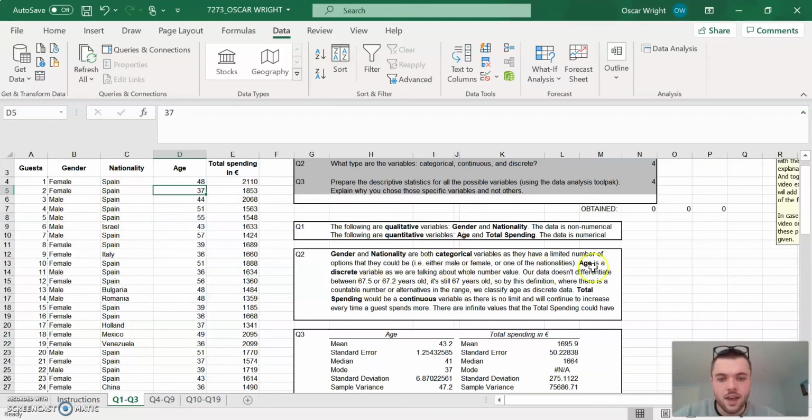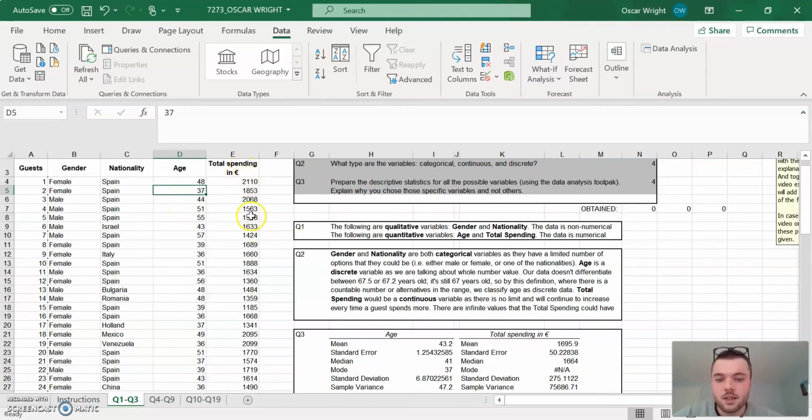Then we have age would be our discrete variable, as we're talking about a whole number. The data doesn't differentiate between 67.5 years old or 67.2 years old, it's still 67, so because of that we have proper classifications, and it's not an infinite continuous scale, it's made up of whole numbers, so therefore we classify it as discrete data.